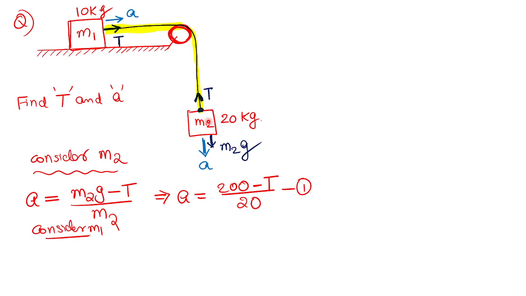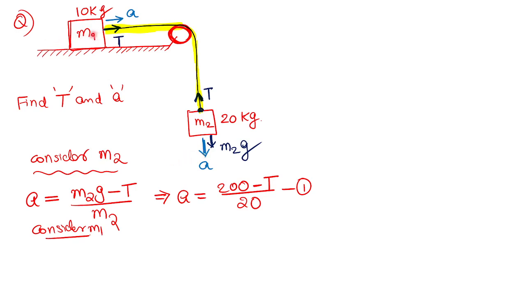Horizontally we are not considering. The net vertical force will be M2g vertically down, T vertically up. So net vertical force divided by M2. M2 is moving along a vertical line, that's why.